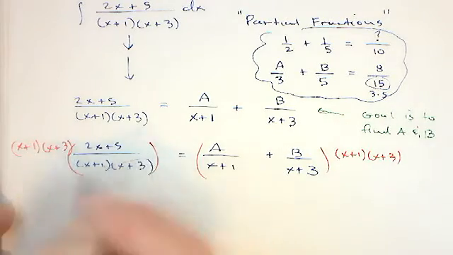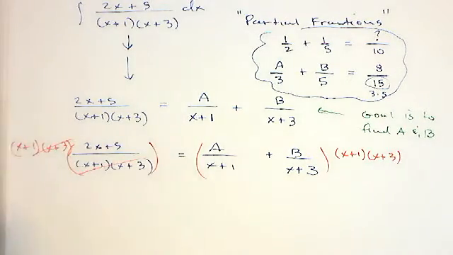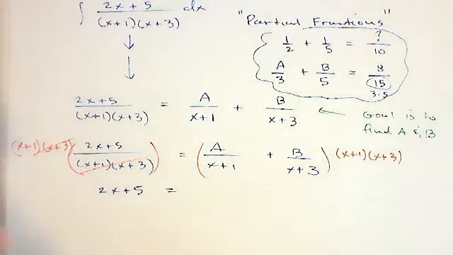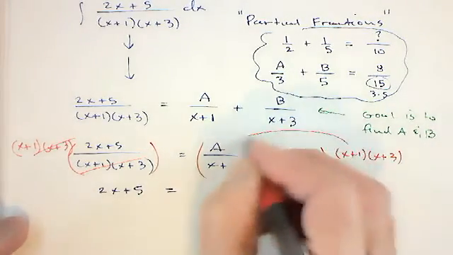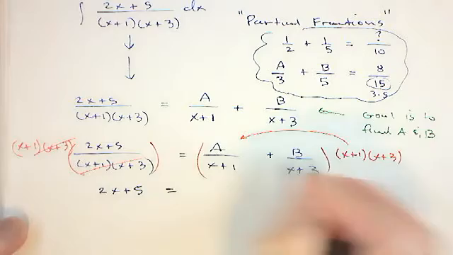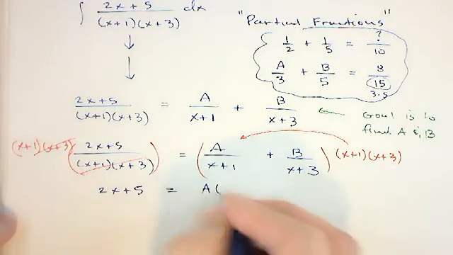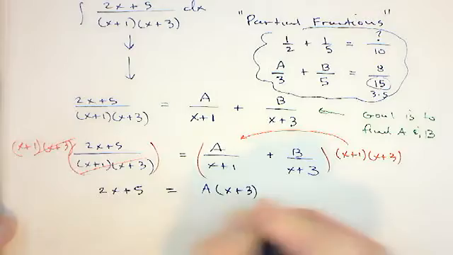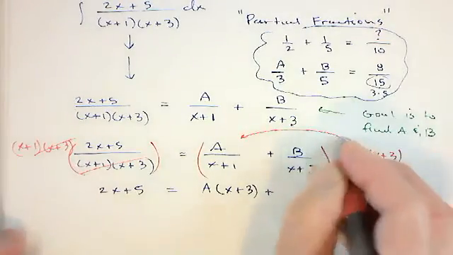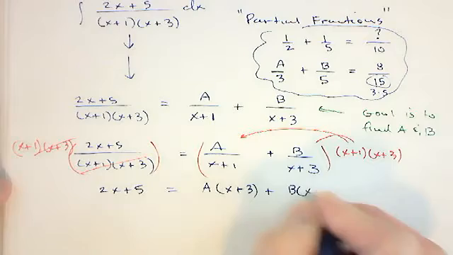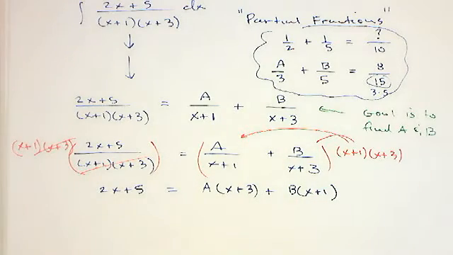On the left side, they just cancel out, leaving me with 2x plus 5. On the right side, if I distribute, the x plus 1 cancels on the first one, so I end up with a times x plus 3. For the second one, the x plus 3's cancel, so I have b times x plus 1.